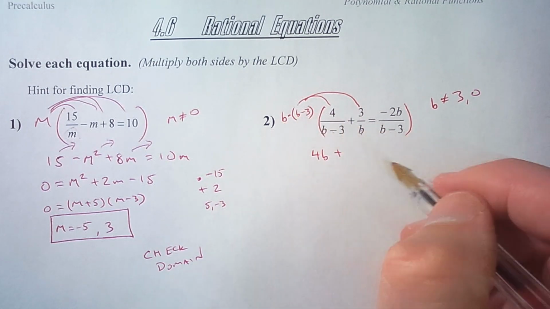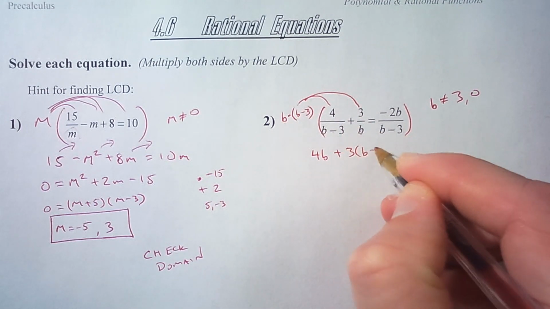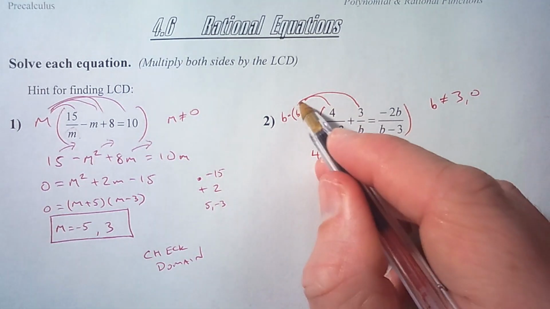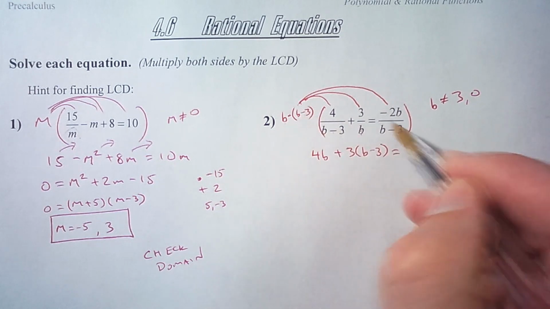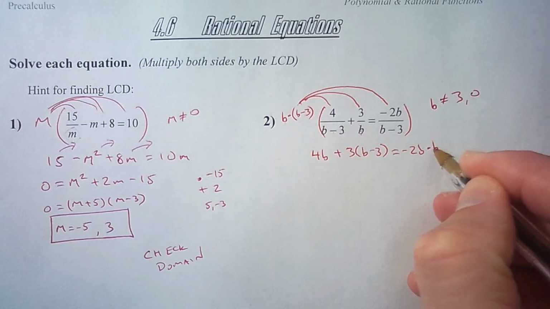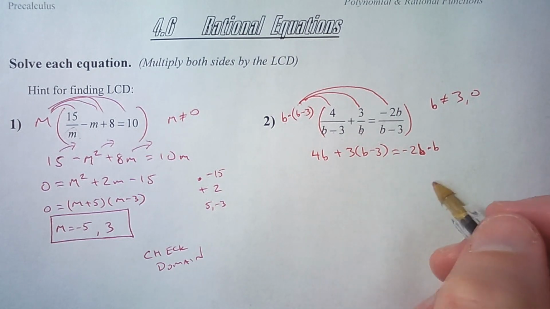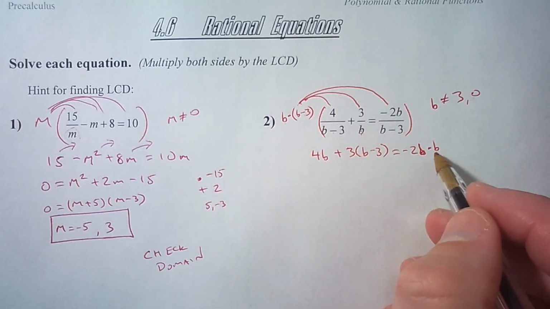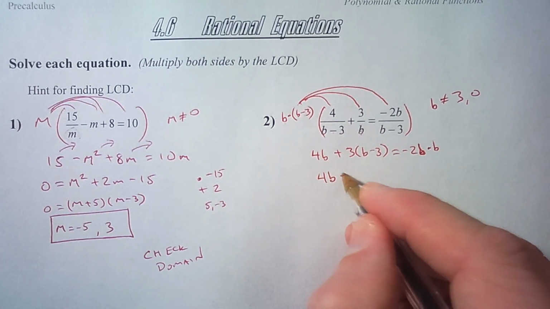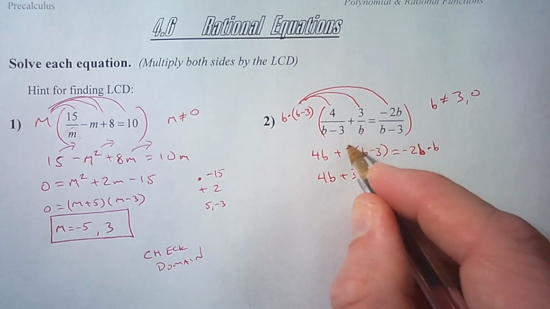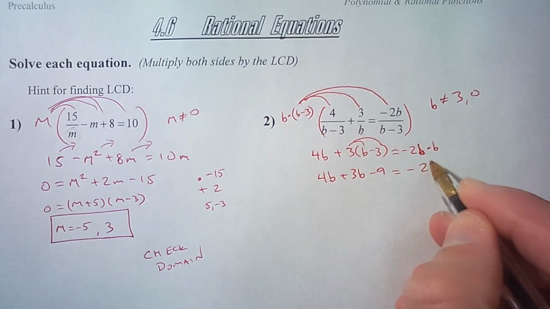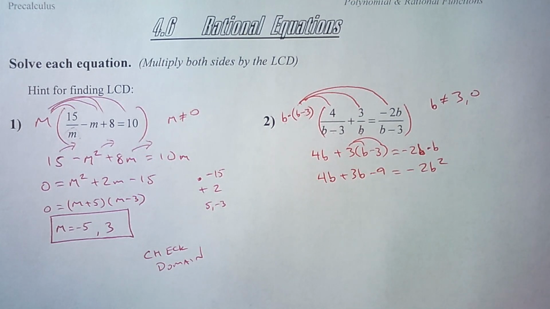But I'm still multiplying by b minus 3, so I have 3 times b minus 3. Okay, then when I distribute here, b minus 3 cancels, so I need to multiply by b, so I have 2b times b. Okay, so I'll distribute and then multiply these, so I get 4b plus 3b minus 9 equals negative 2b squared.